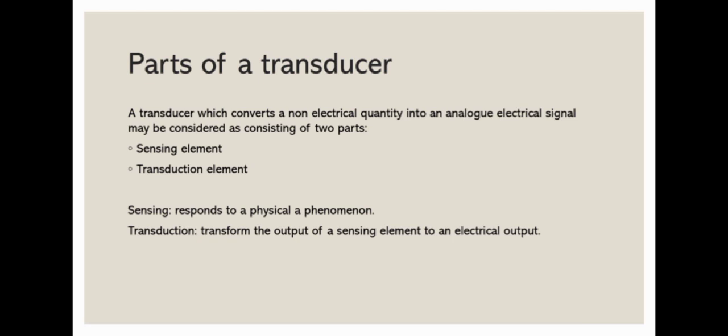The sensing or detector element is that part of a transducer which responds to a physical phenomenon or to a change in a physical phenomenon. The response of the sensing element must be closely related to the physical phenomenon. The transduction element transforms the output of a sensing element to an electrical output. This in a way acts as a secondary transducer.